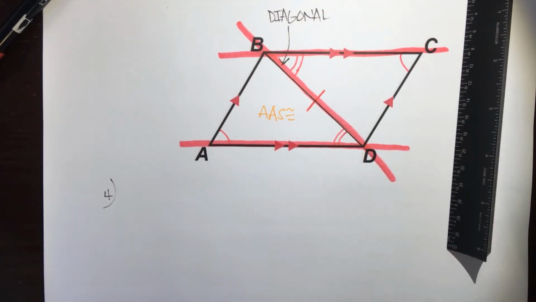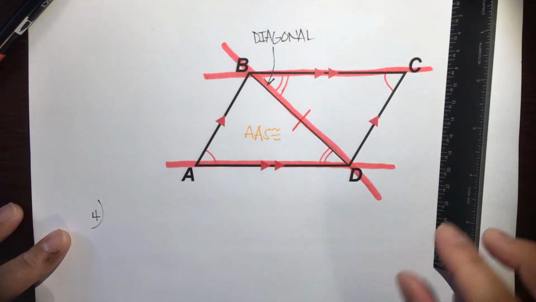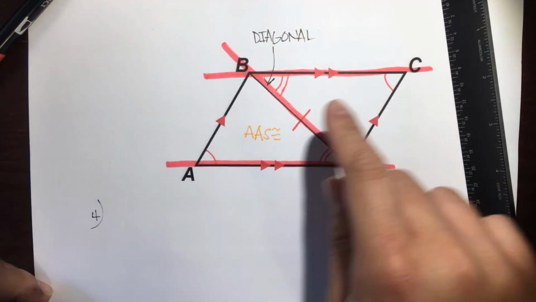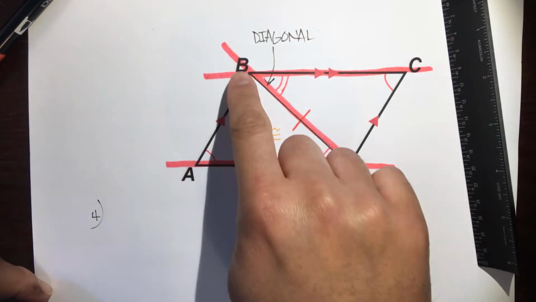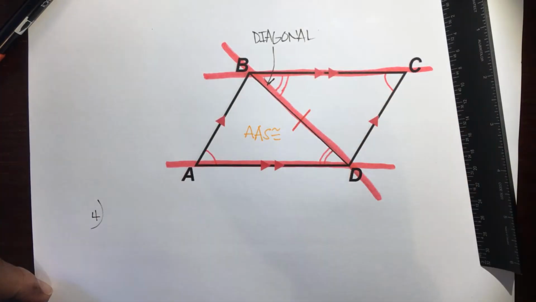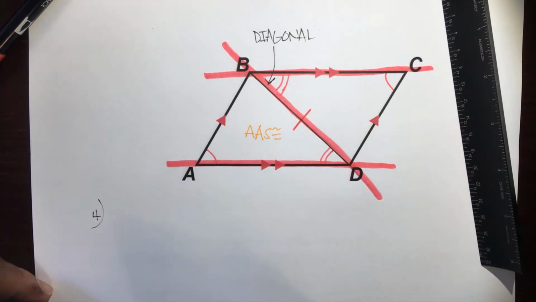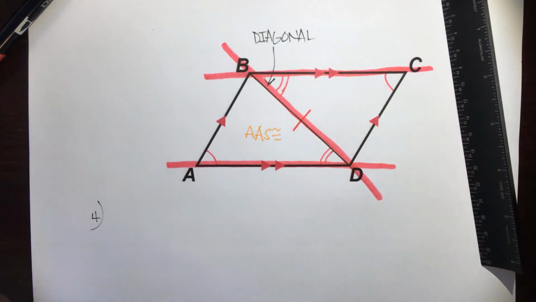So how does that help us? If we were to make a flow chart, we would say angle A is congruent to angle C, angle ADB is congruent to angle CBD, and BD is congruent to itself, reflexive. The 2 triangles are congruent because of angle, side, angle.